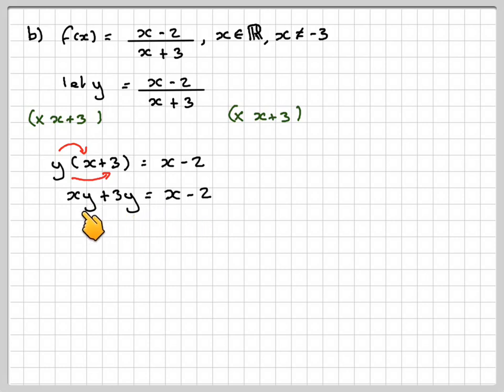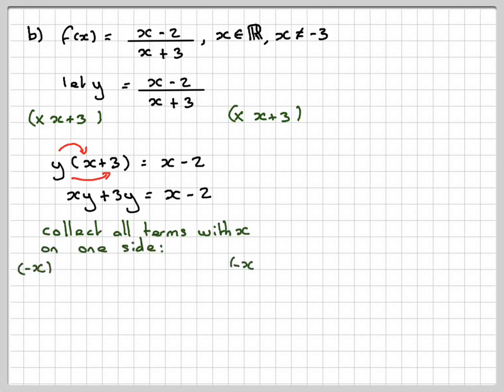So when you get that, the technique is to put the subject on the same side of the equation. So collecting all terms with x on one side. So I'm going to take away x. So I'm going to have xy plus 3y minus x is equal to minus 2. Then subtract 3y.